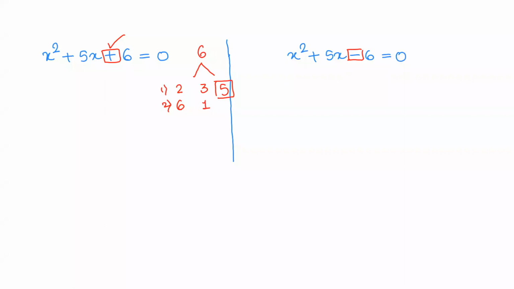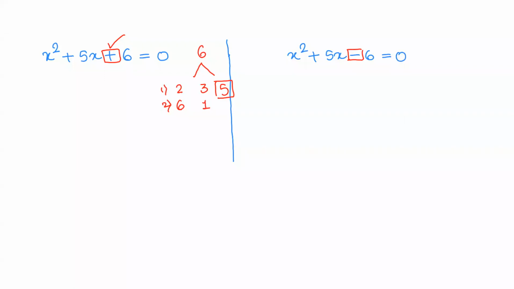If we pick option number 1, 2 plus 3 is 5. So this is suitable. If I pick option number 2, 6 plus 1, that is going to give me 7. And why do I have to add? Because the sign of the constant term decides whether we have to add to get the middle term or whether we have to subtract to get the middle term. So here in this case, we add both of them, right?